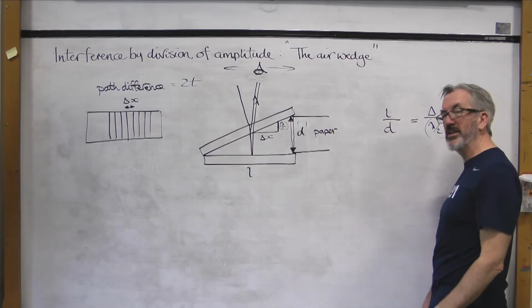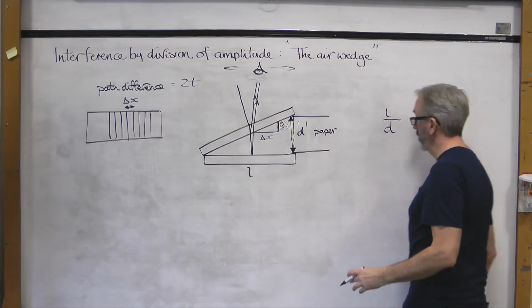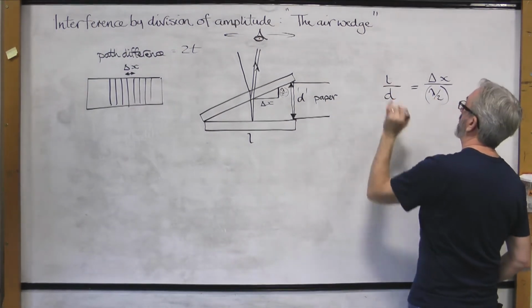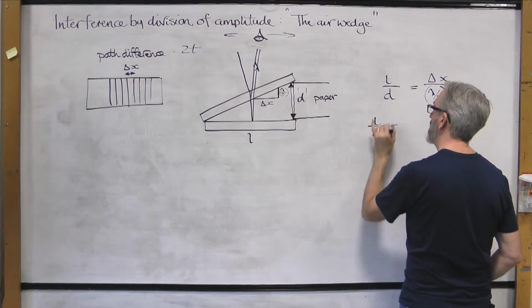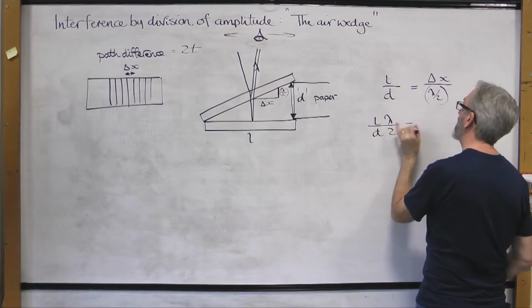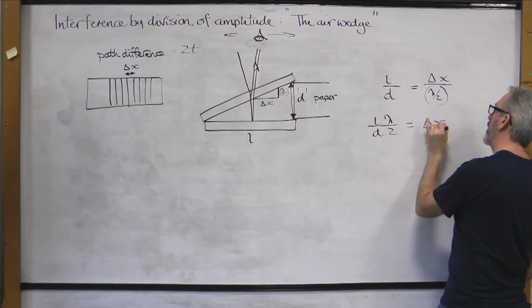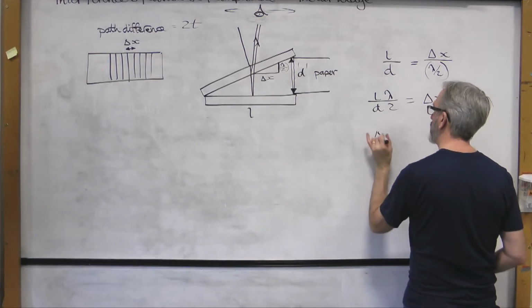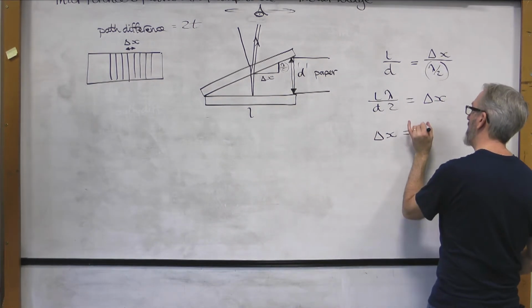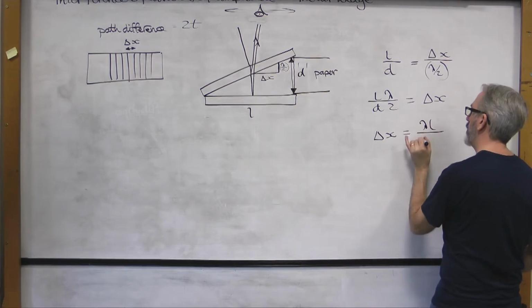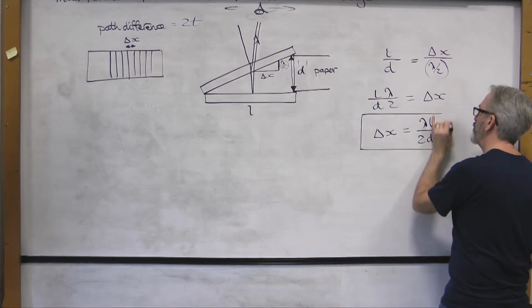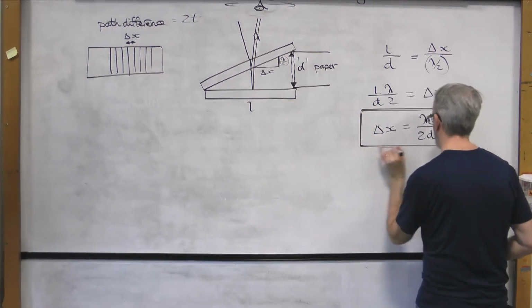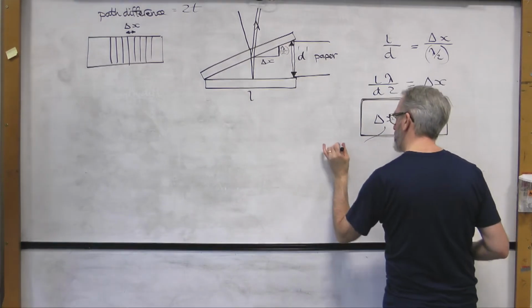And if we rearrange this to get delta x on its own, then just take that up to the other side, so that becomes L over D times lambda over 2 equals delta x. And then switch it around, so delta x equals lambda L over 2D. Now that relationship is on your relationship sheet. Delta x is the fringe spacing.